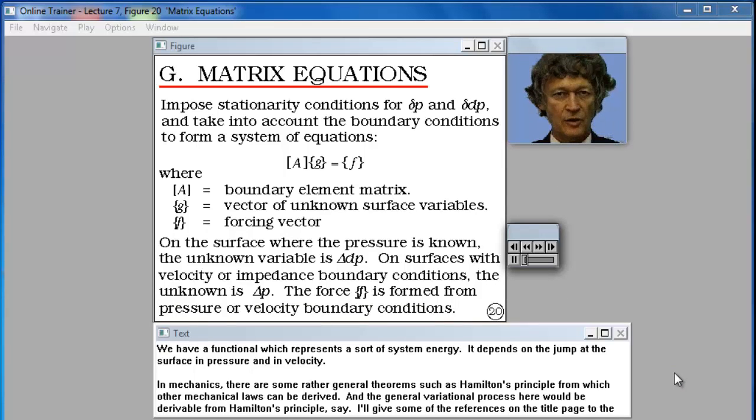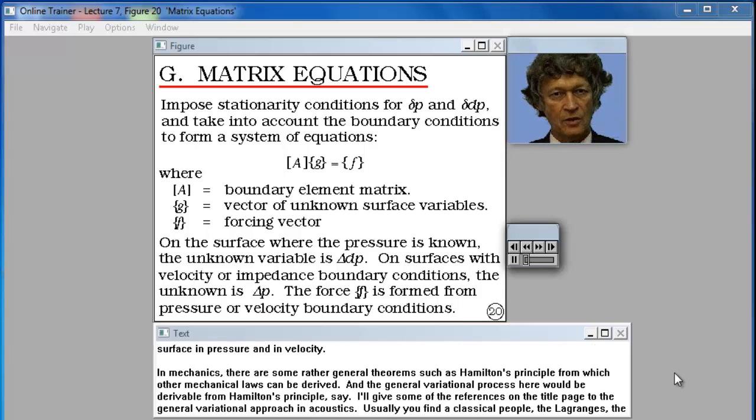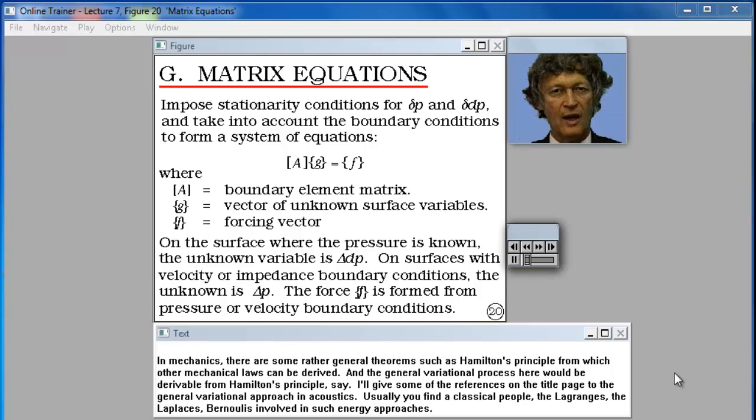We have a functional which represents a sort of system energy. It depends on the jump at the surface in pressure and in velocity. In mechanics, there are some rather general theorems, such as Hamilton's principle, from which other mechanical laws can be derived.